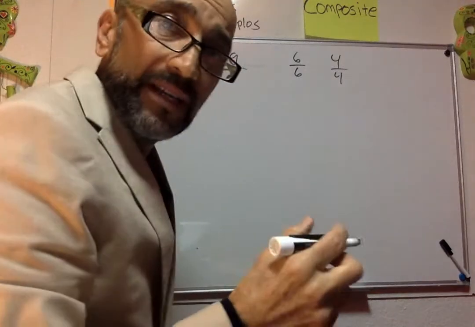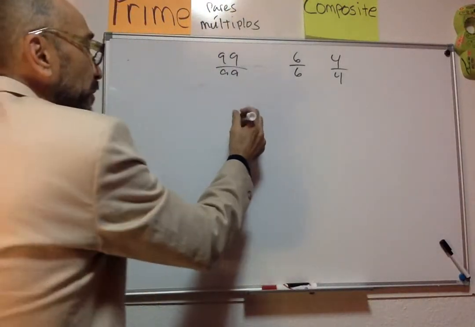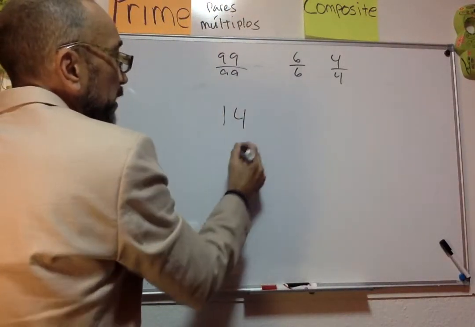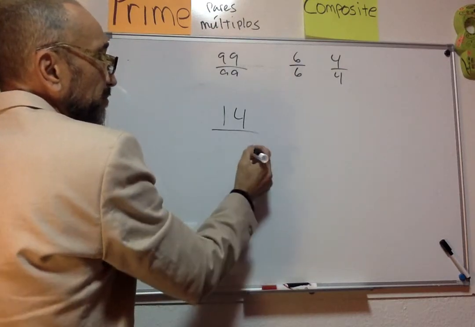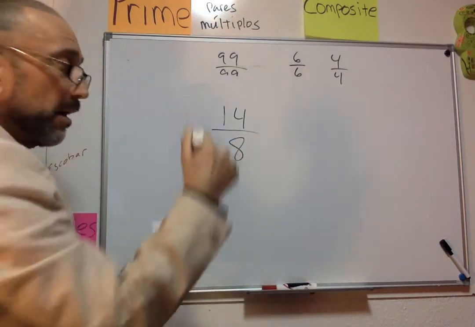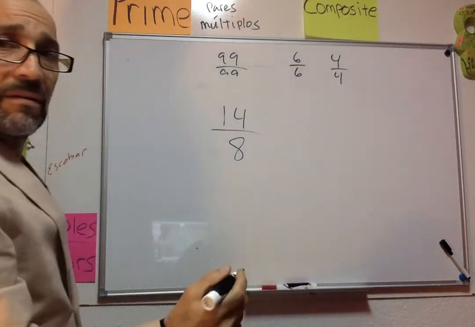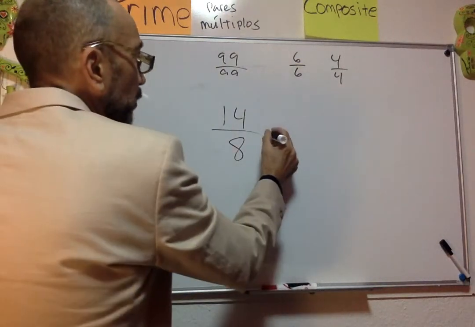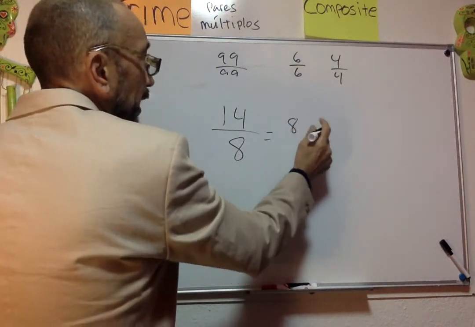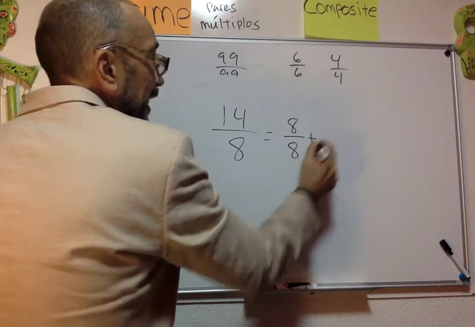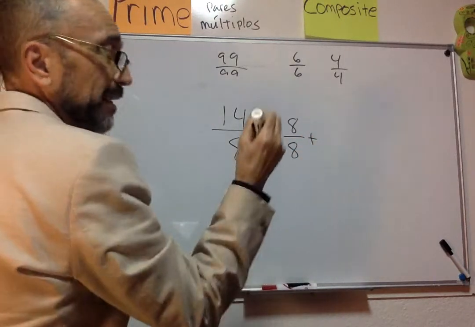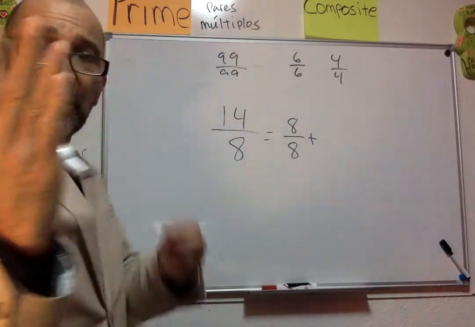All right, back to mixed numerals. Sometimes they don't always add up that nice, right? Let's say we have 14/8. Oh, I did this one already. So what do we do? I start with 8/8, because that's a whole number. 8, 9, 10, 11, 12, 13, 14.